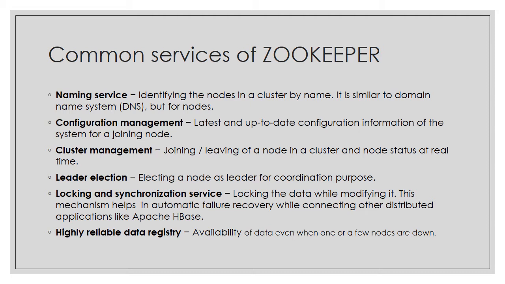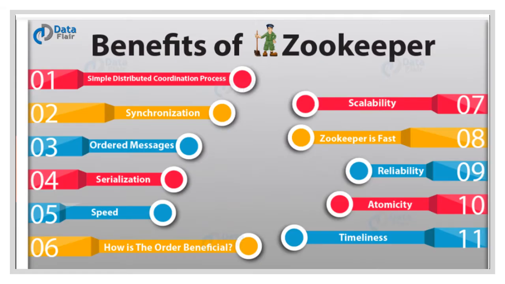And we find that there is synchronization, where there's locking of the data while modifying it. This mechanism helps in automatic failure recovery in cases when the system goes down or when there are any challenges within the system. So the synchronization will make sure that data is locked and there isn't much modification when the updating is being done.